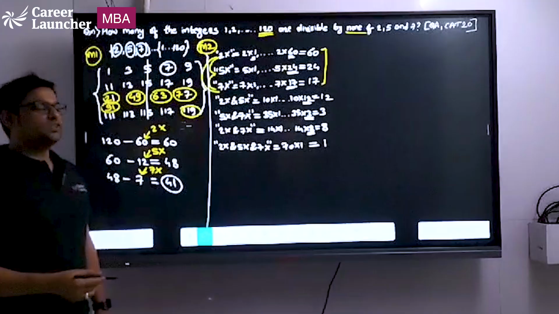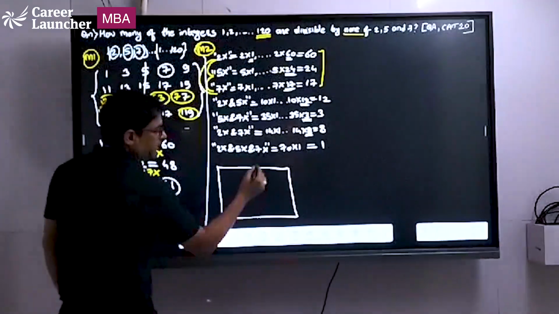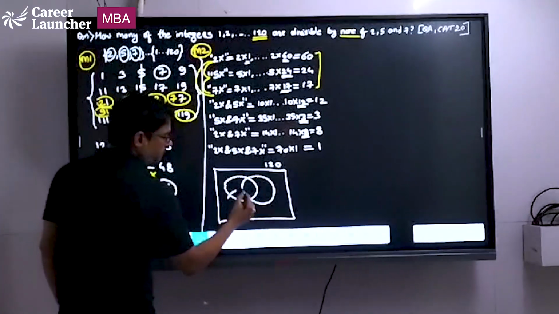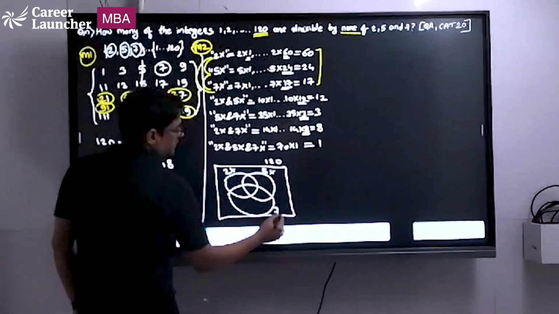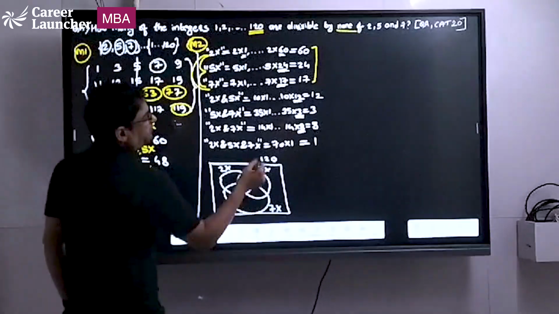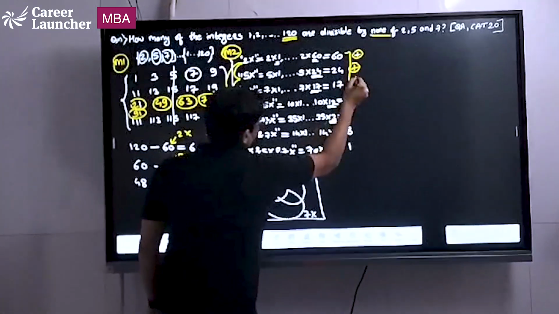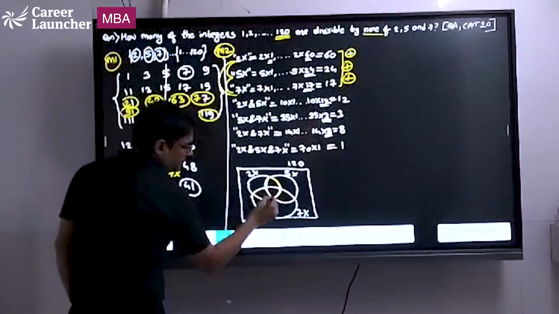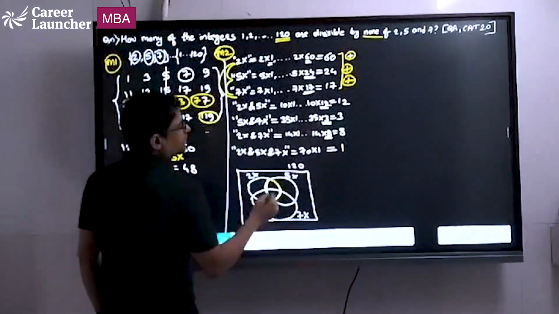I can relate this to set theory, as in I have a total of 120 integers. A few of them would be multiples of 2. Another set would be multiples of 5. Last set would be multiples of 7. So I have added multiples of 2, 5 and 7 in the first step. Then the integers which are multiples of 2 as well as 5 would be counted twice, once in both circles.